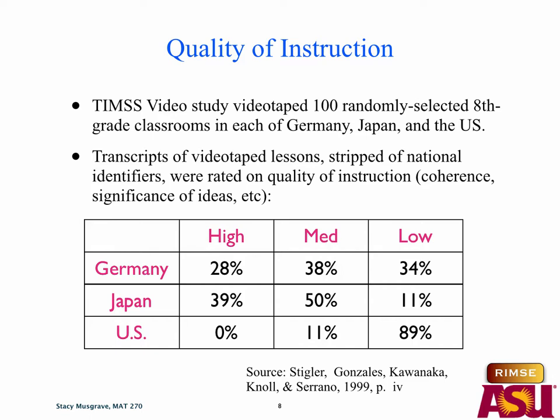Well, my question is, what does it mean by quality? Are they teaching wrong information? It's not necessarily wrong information. More like, quality of instruction, there's this idea of coherence, significance of ideas, creating connections between the material, teaching for concepts, as opposed to, oh, now I'm giving away all the answers.